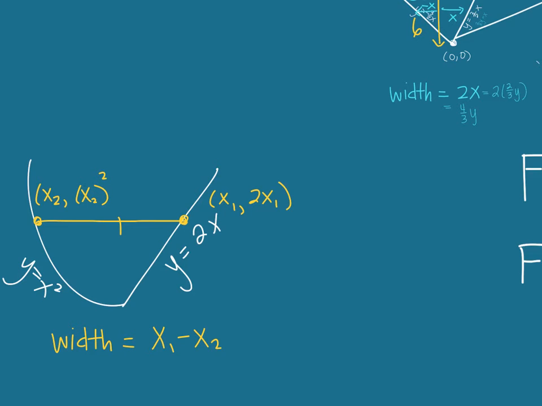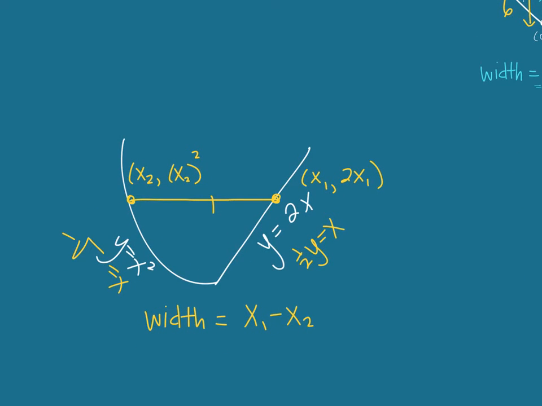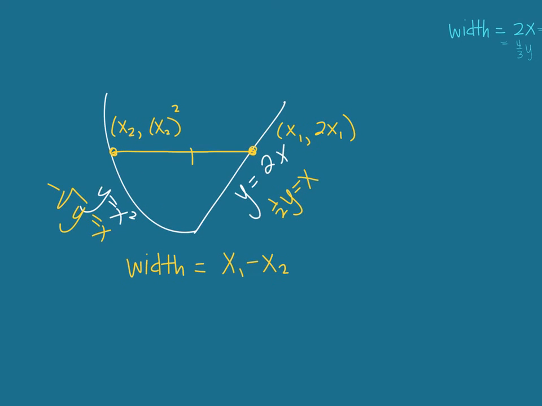Now if we want to express this in terms of y, the other way around, then we say x equals 1/2 y, or x equals the negative square root of y, because it's the negative side of the parabola. So then it would be 1/2 y minus the negative square root of y.